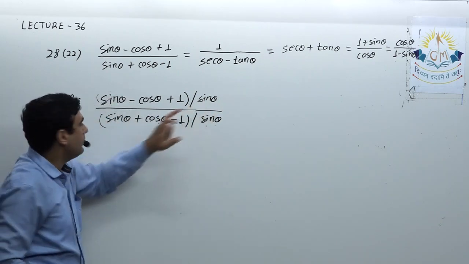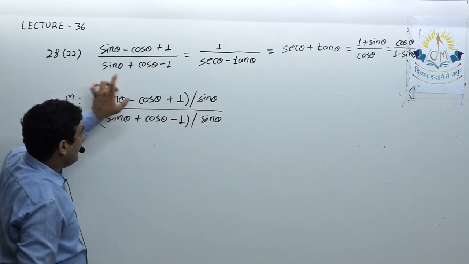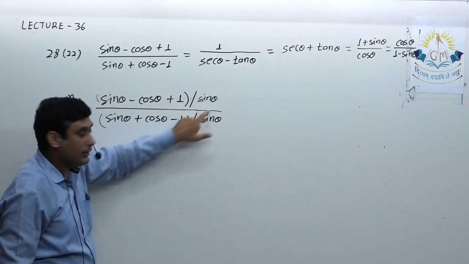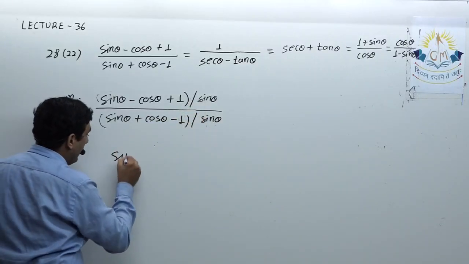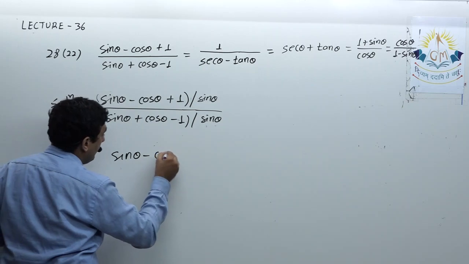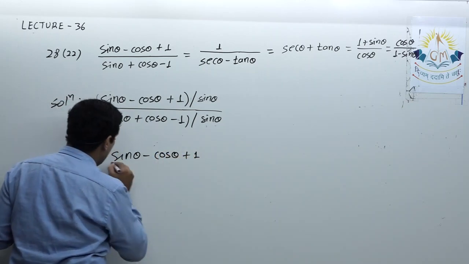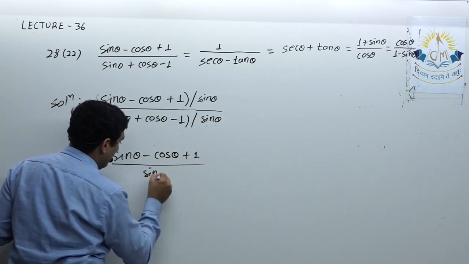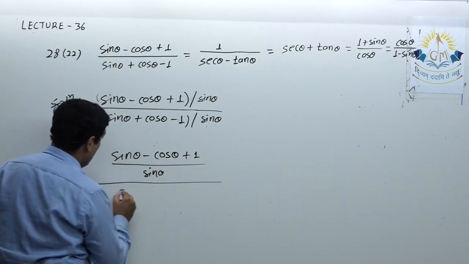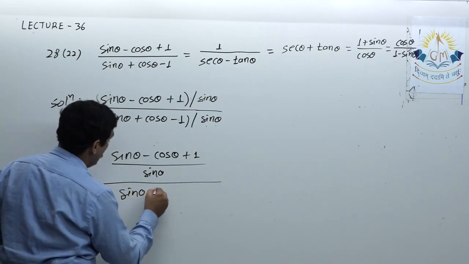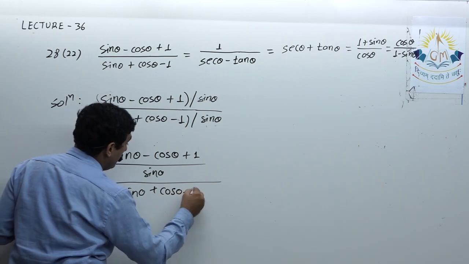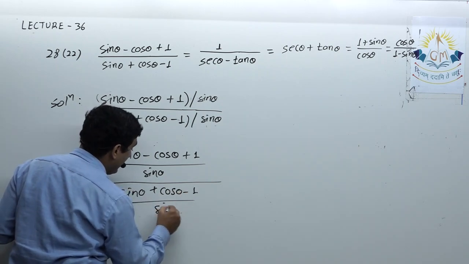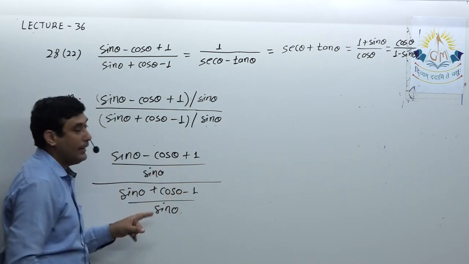Now if I do this, what will I get? Sin theta upon sin theta. I am performing sin theta minus cos theta plus 1, whole upon sin theta, and sin theta plus cos theta minus 1, whole upon sin theta. I am dividing the numerator and the denominator by sin.